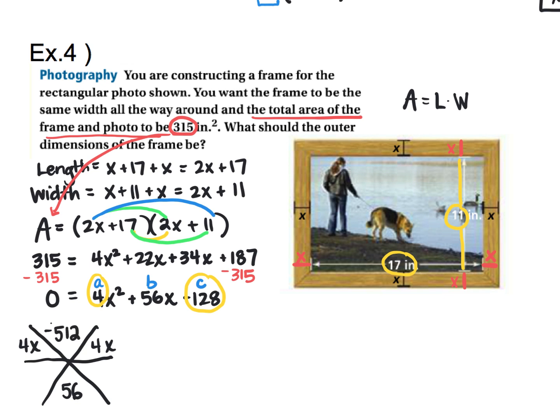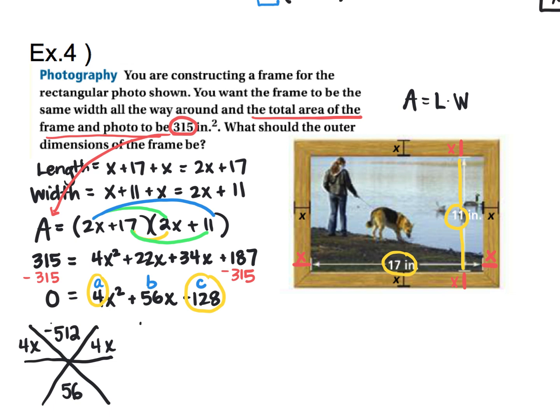Now again, that might be intimidating to see. Oh man, how am I going to figure out what numbers go into 512 and do my adding and subtracting? It's totally okay. You just have to start experimenting with numbers to see what's going to go in there.